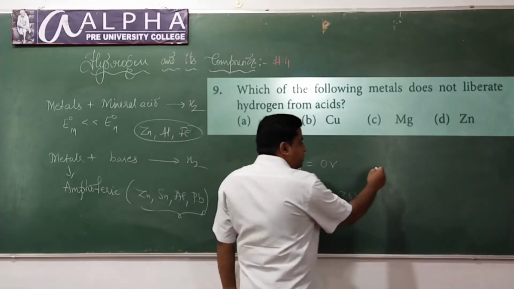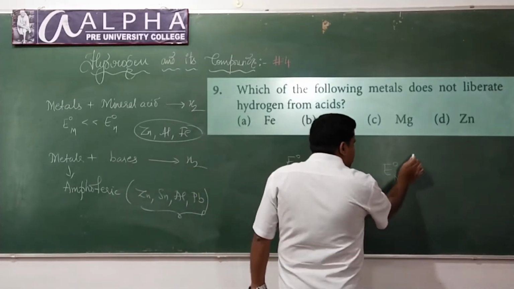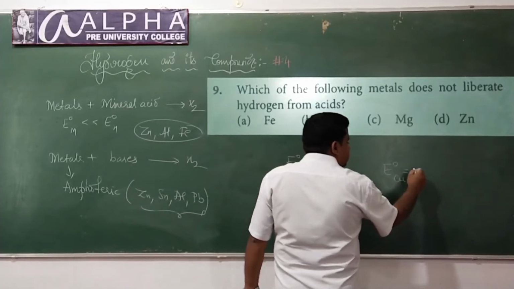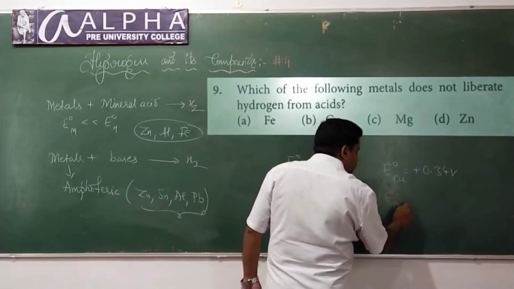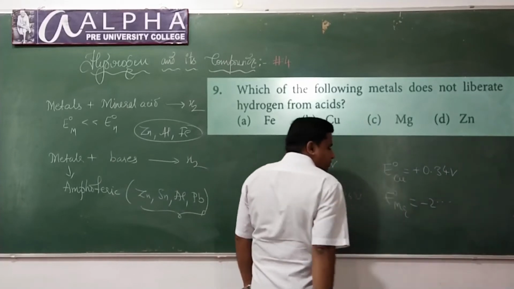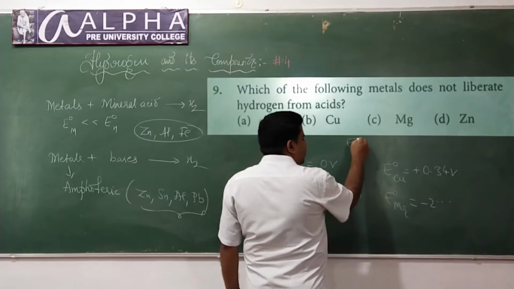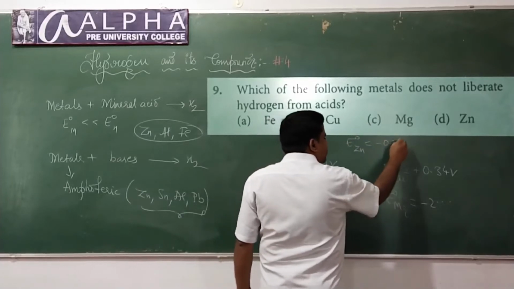What is the electrode potential of magnesium? What is the electrode potential of copper? It is plus 0.34 volts. The electrode potential of magnesium is minus 2 point something, and the electrode potential of zinc is minus 0.76 volts.